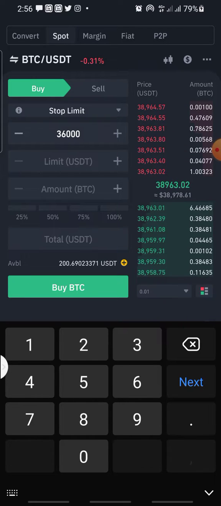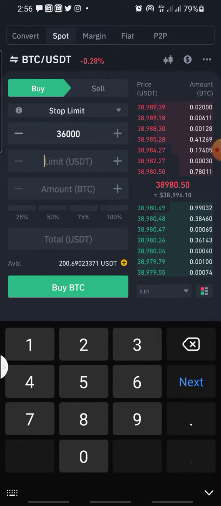Let's say you are using 2 to 3 digits below your stop and the market is going down. If Bitcoin's price immediately goes down to $36,000, it will immediately take it to the order book to sell at the available market price. The market price is the one we are going to set at this limit.